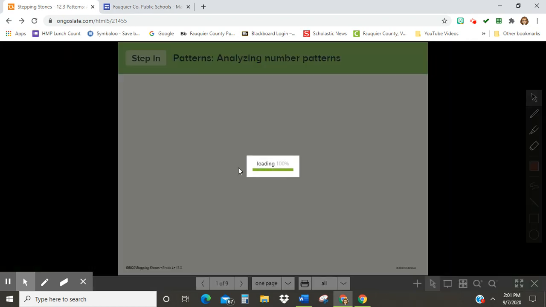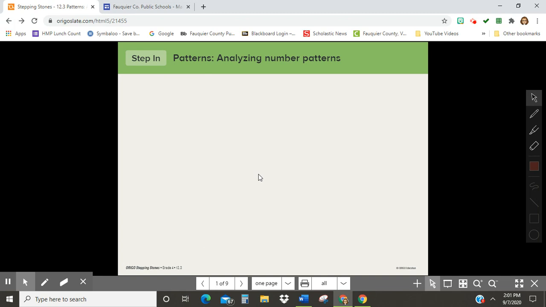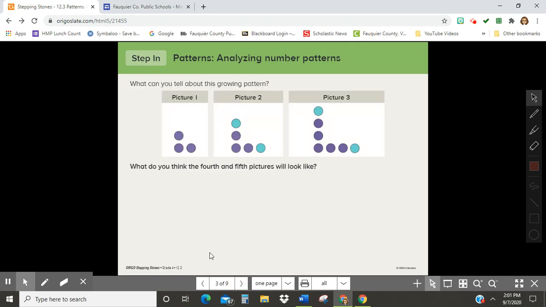This is from our classwork for today. This is interesting. They want us to figure out what can you tell about this growing pattern? This is a fun one.